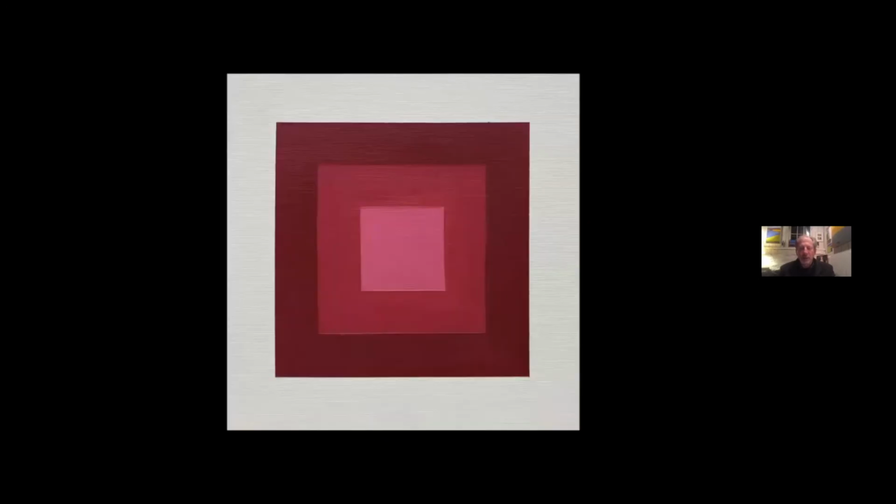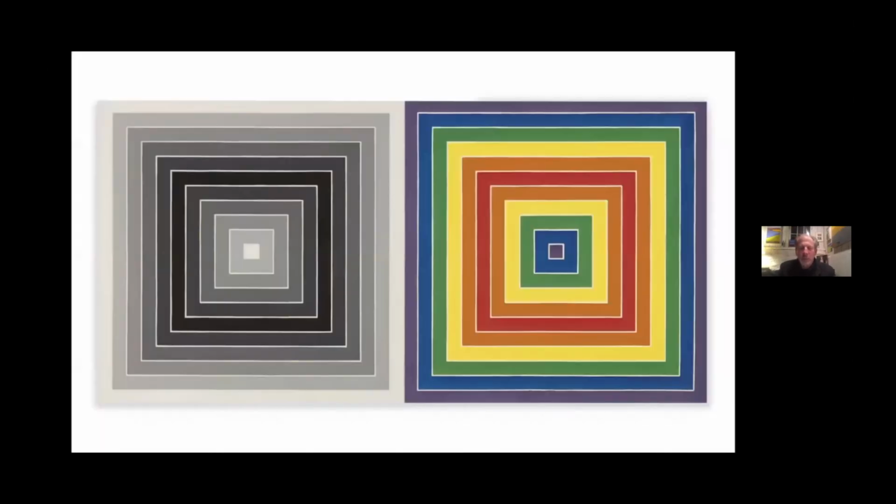Here's Josef Albers' Concentric Squares, a much more famous series, Homage to the Square. Now, Albers was a great colorist, not one of my favorite painters, but his book about color, The Interaction of Color, should be required reading for anybody who's interested in color and modernism.